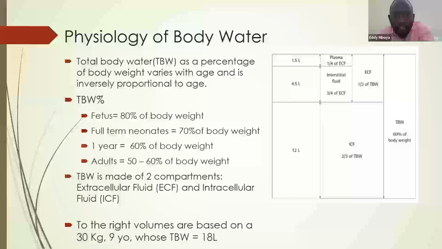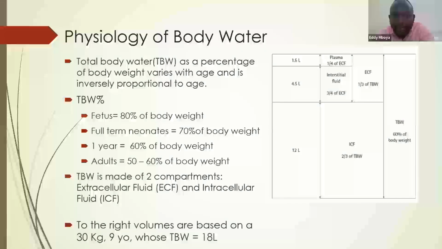So, physiology of body water. We find that body water as a percentage varies with age and is inversely proportional to age. That means the younger a child is, or the smaller the child, the higher the body percentage of water.